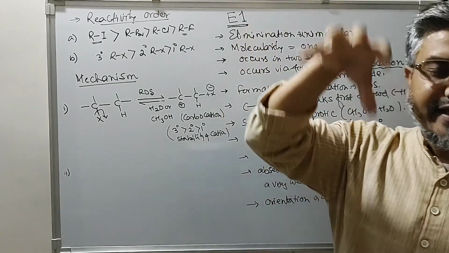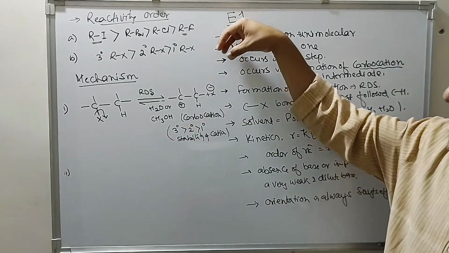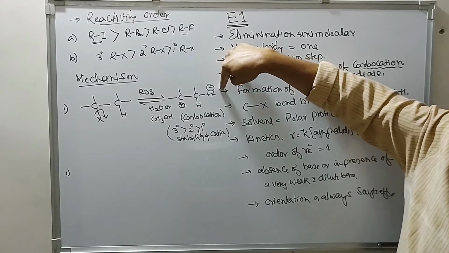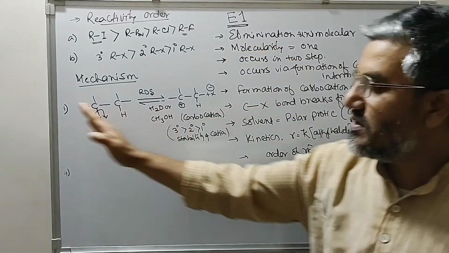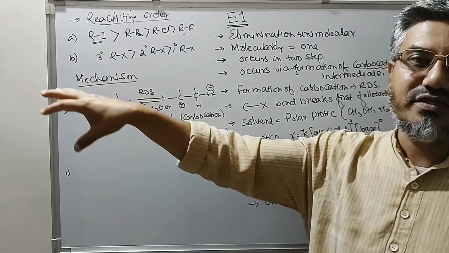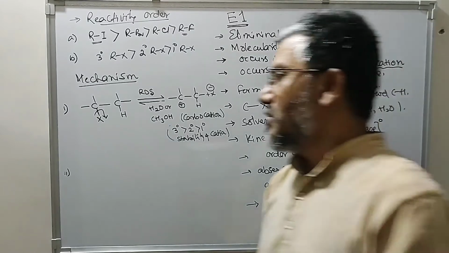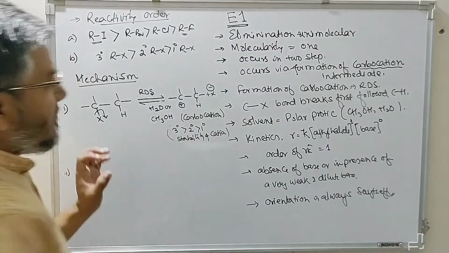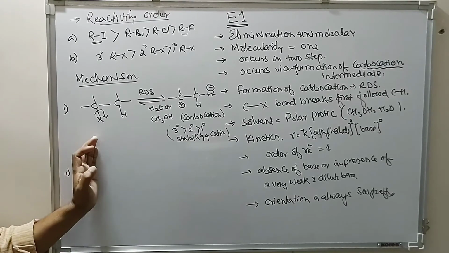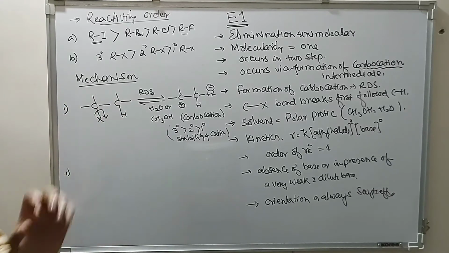If X minus ion is added from outside, the quantity of the product X minus increases, so the reaction shifts in the backward direction. This is what we call Le Chatelier's principle, the effect of common species. This common ion effect also proves that in the first step, the rate determining step, there is a breaking of the carbon-halogen bond.